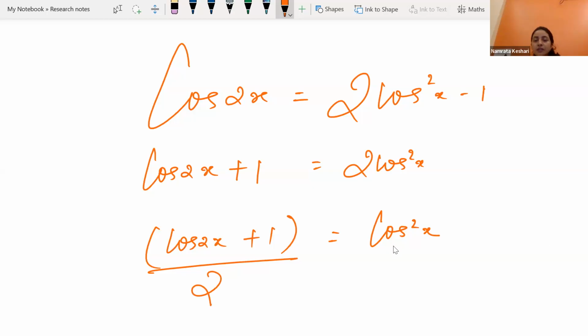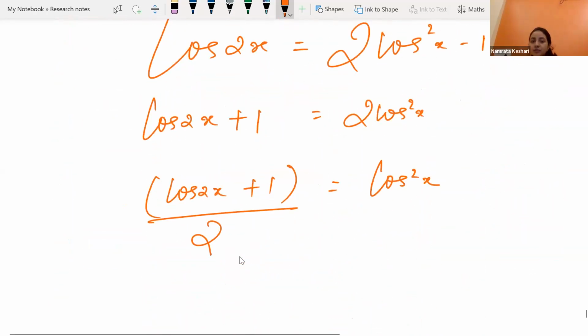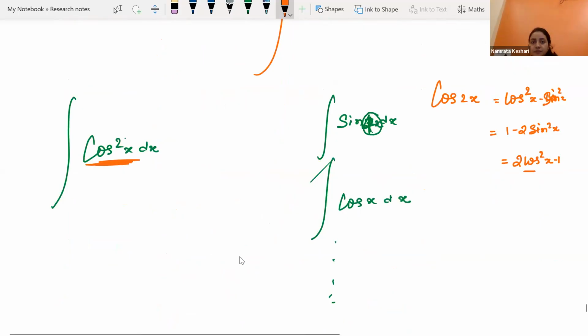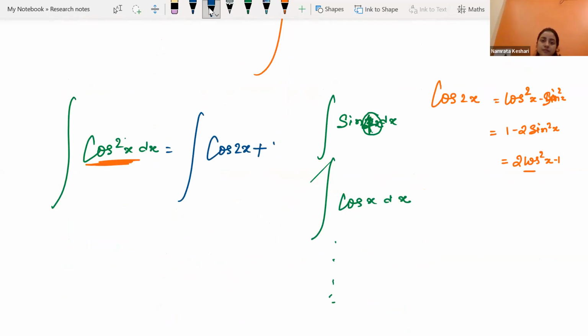So we'll be substituting cos 2x plus 1 by 2 in place of cos square x. Any confusion? Let's write it. Now term by term integration we can do.